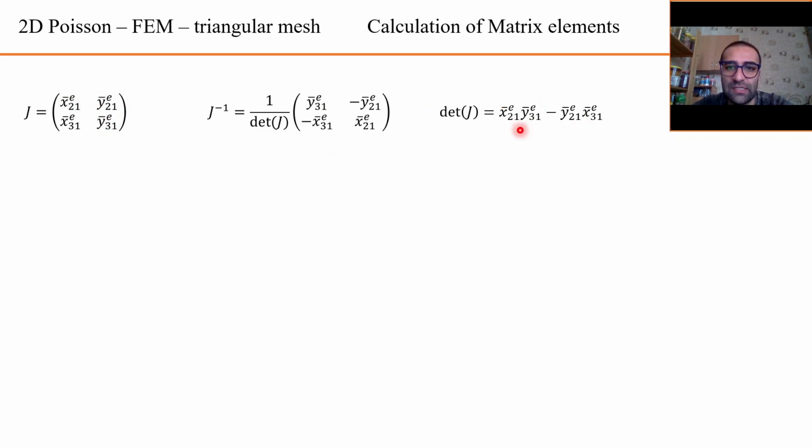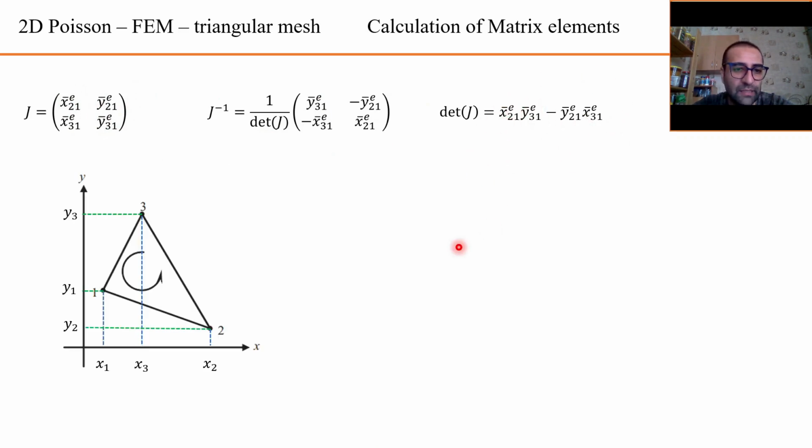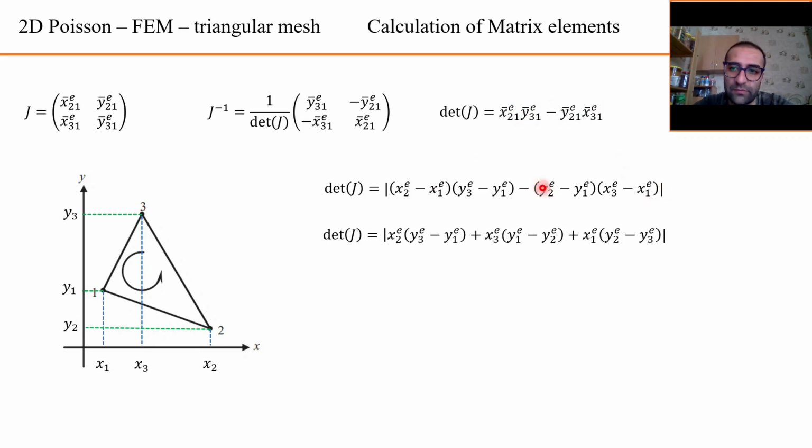And if we substitute x21 here, recall that x21, y31, y21 and x31 are constant numbers that show the difference between x of each node and y of each node. If I substitute x21, y31, y21 and y31 here, based on what we defined, and after a bit of rearranging, you can get this equation.